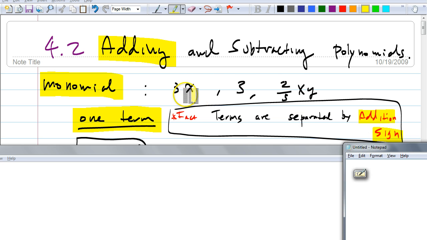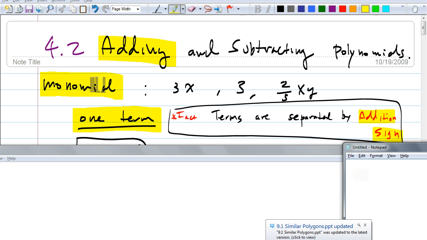Look at all these monomials. Do you see any addition in any of them? No. Therefore, how many terms do we have? One. That's the reason it's called monomial. Have you heard of monorail before? What does that mean? One rail, right? So monomial, one term.